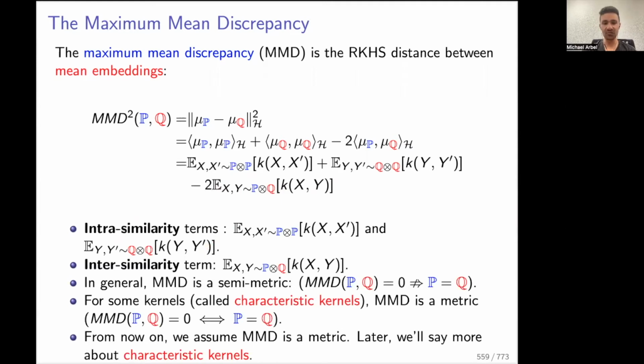And the last term can be called an inter-similarity term as it measures similarity between samples from two distributions that might be potentially different.